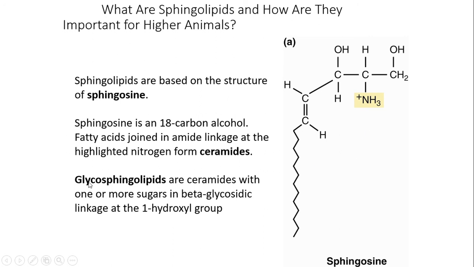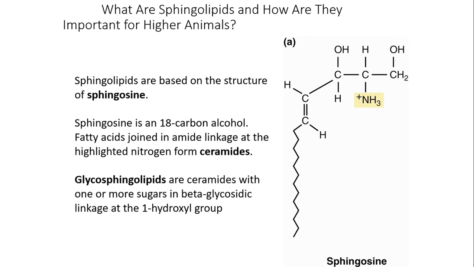So what are some glycosphingolipids? These are going to be ceramides, so we'll have a fatty acid here, but we're also going to have a sugar attached through one of these hydroxyl groups. A cerebroside is a single glucose or a galactose that is going to be linked through this hydroxyl group.